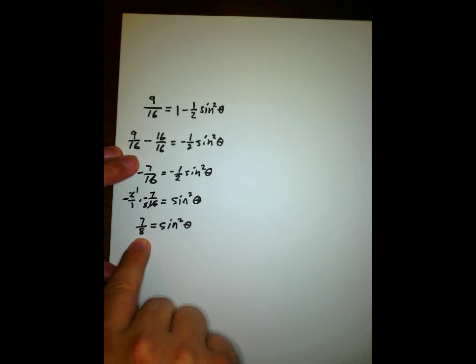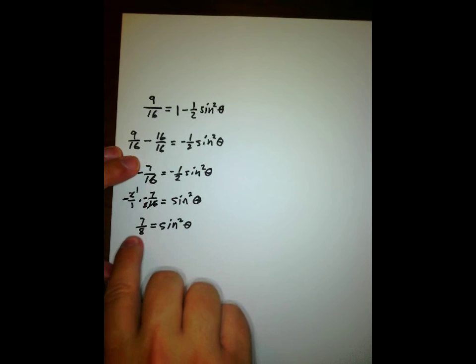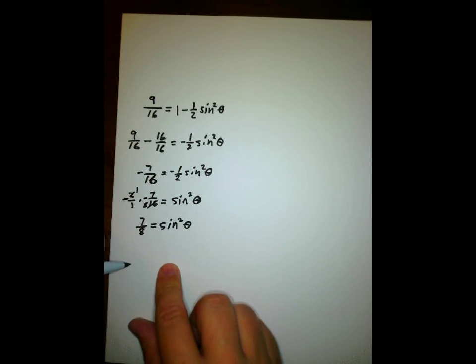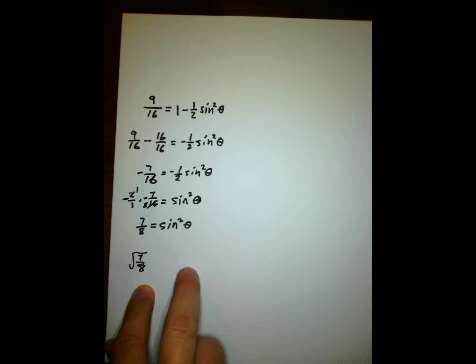Alright, so now I'm going to take the square root of both sides, and that's going to give me square root 7 over 8. Usually we would write a plus or minus right here, but I want a positive angle, so I'm going to use positive 7 over 8.